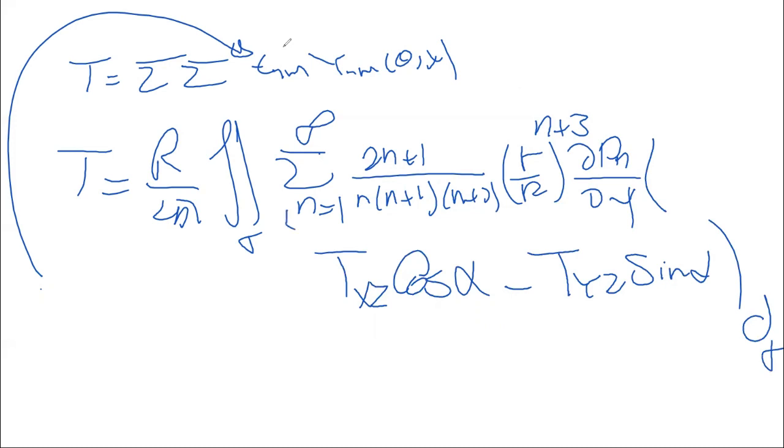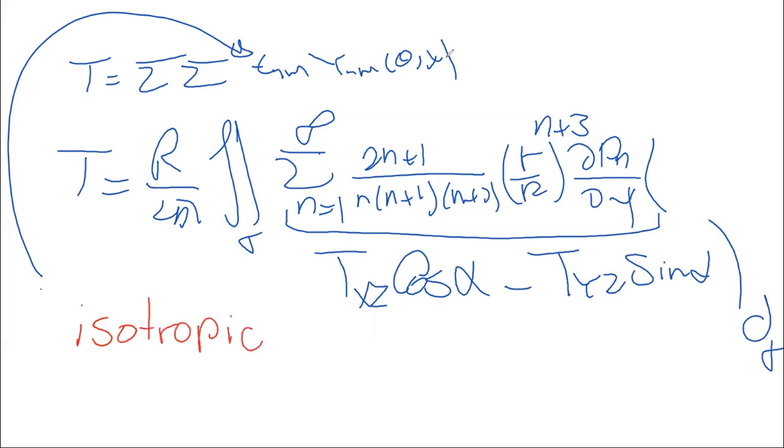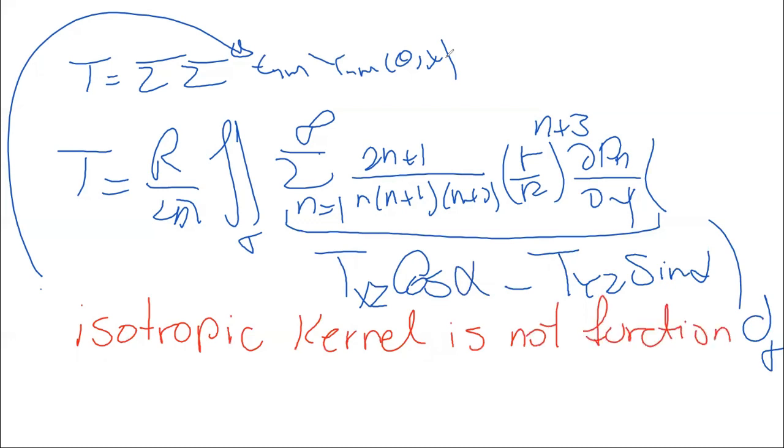This kernel is not isotropic. An isotropic kernel is not a function of azimuth.